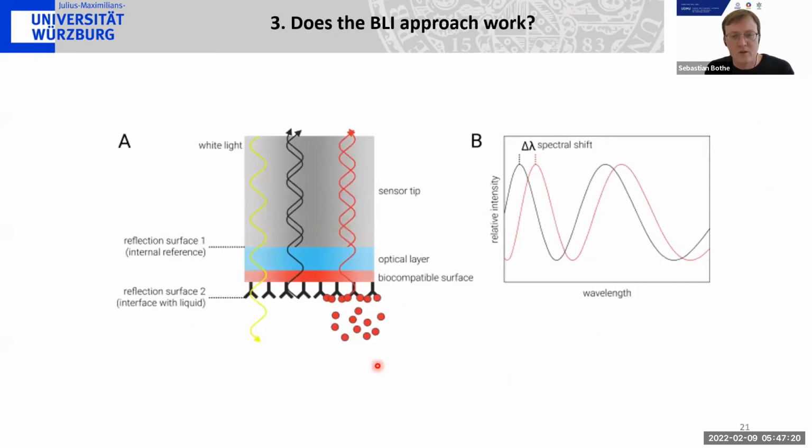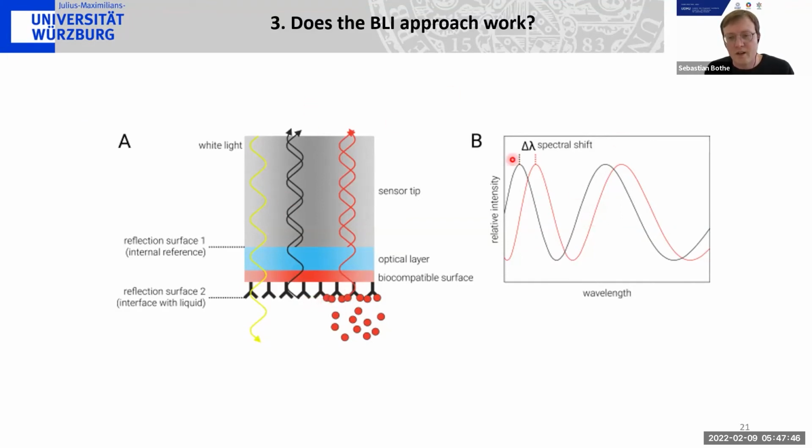So, only a few short sentences about Biolayer Interferometry, because maybe not everyone knows it. What we do here is we have an optical sensor, we immobilize our target protein, and then we send light through it, and the light is partially reflected at an optical surface on the Biolayer surface.